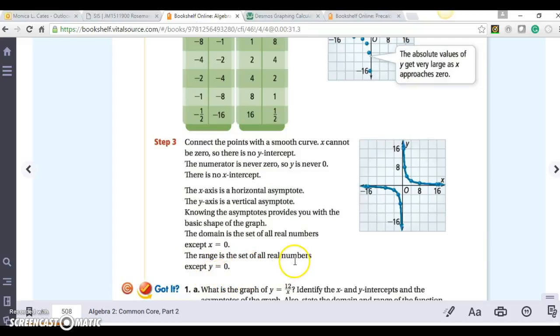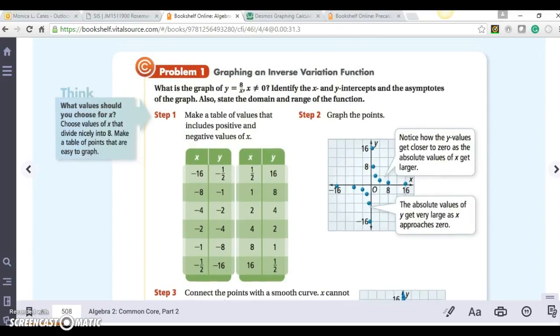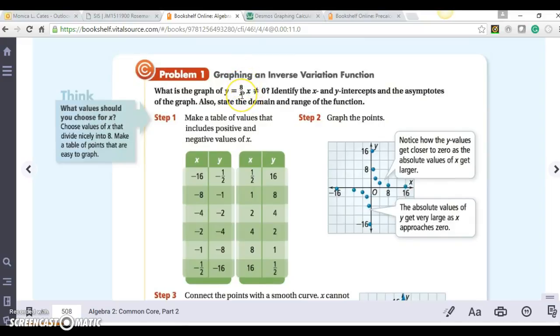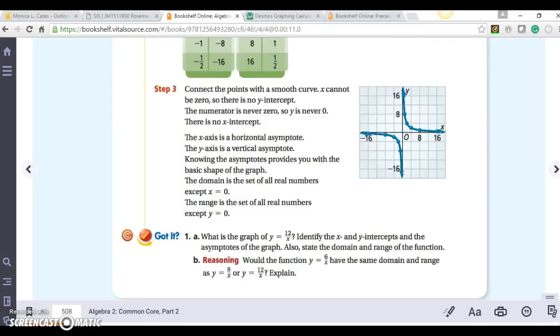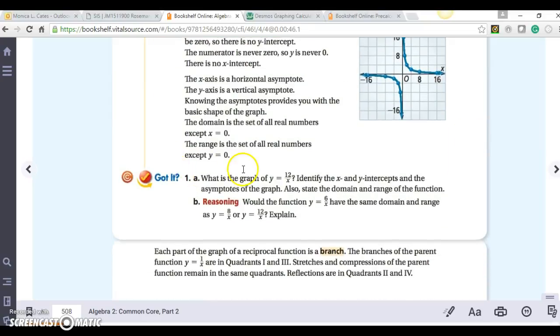So the range is all real numbers except 0, because there's nothing that I can plug in for x to make y equal 0 for my function y equals 8 over x. I can't do anything to make it 0. So that's why it can be all values except y equals 0. So that's my range.